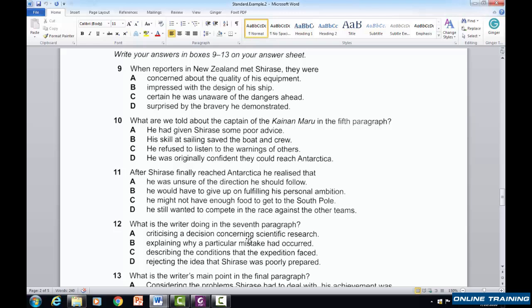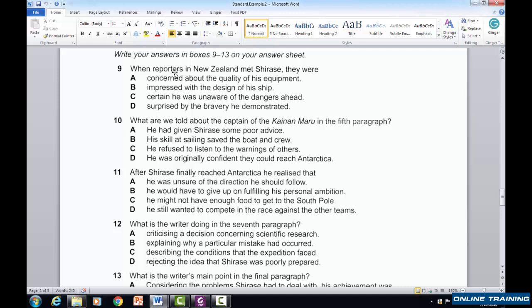Okay, most of the time. Sometimes that can depend on what question types they give you, but in general, the difficulty of the passages gets more difficult as you approach reading passage 3 because they have to do things to be able to separate the people, to separate a 4 or 5 person from a 6, 7. They have to separate you guys out, and they do that by making it increasingly more difficult most of the time. All right? So let's look for number 9 first.